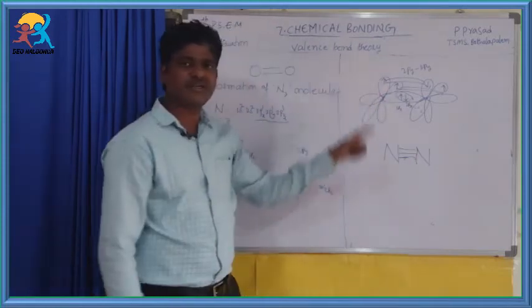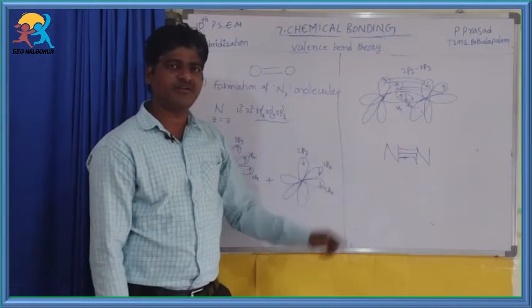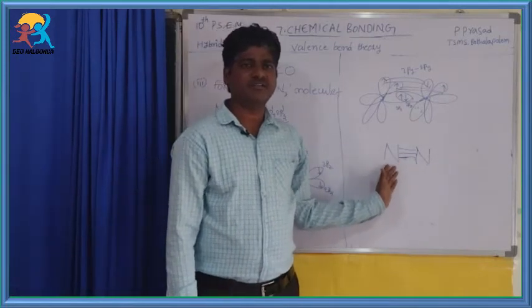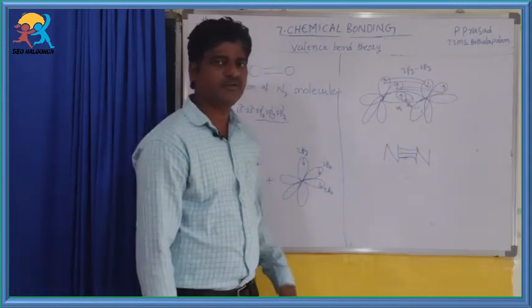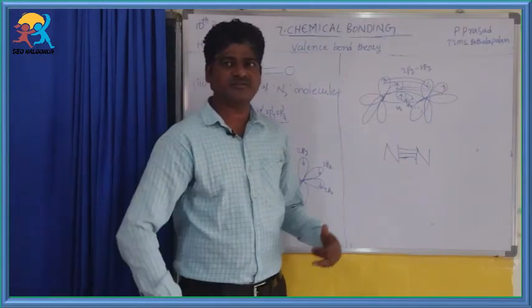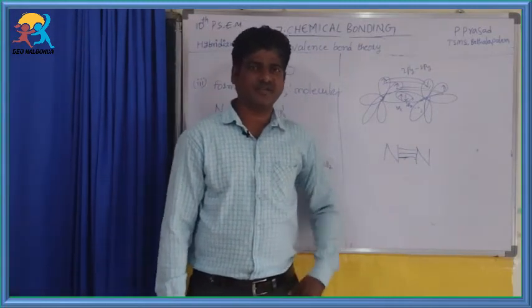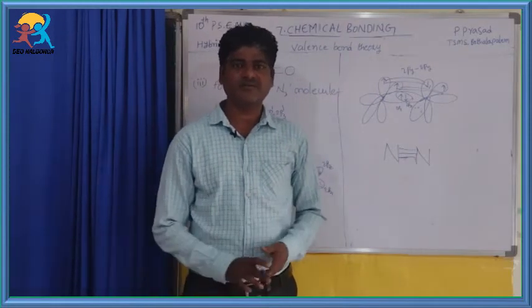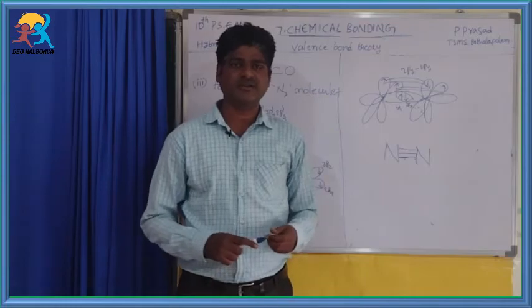So how many bond pairs are there between two nitrogen atoms? 3 bond pairs. That means a triple covalent bond is formed between two nitrogen atoms. So these are the examples for the formation of covalent bond by overlapping of atomic orbitals. Okay, thanks.